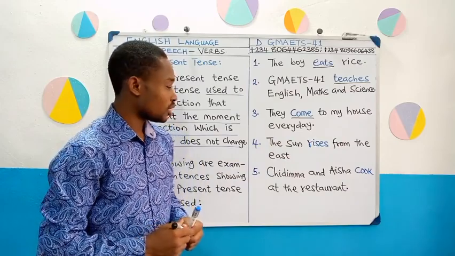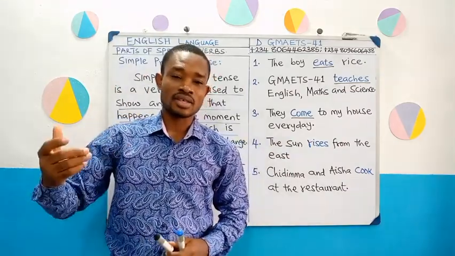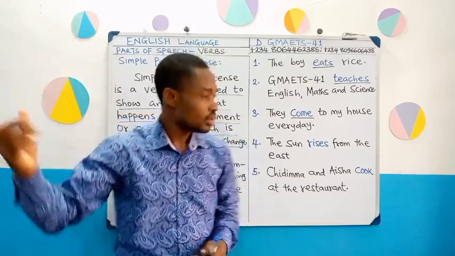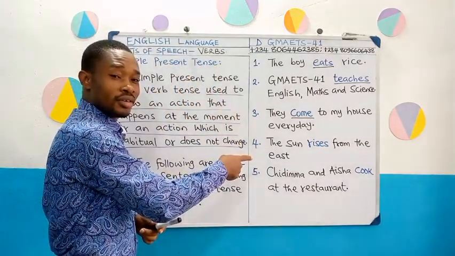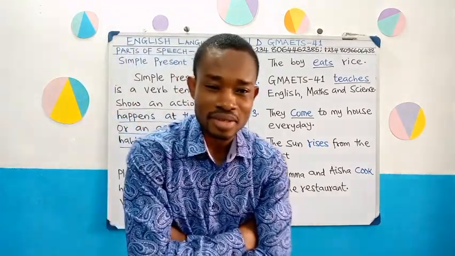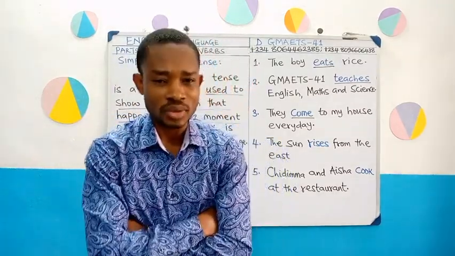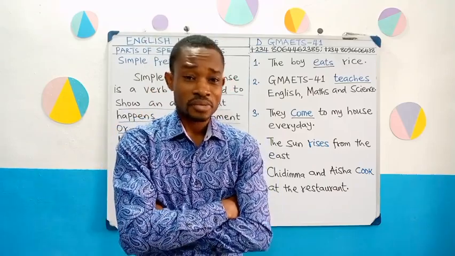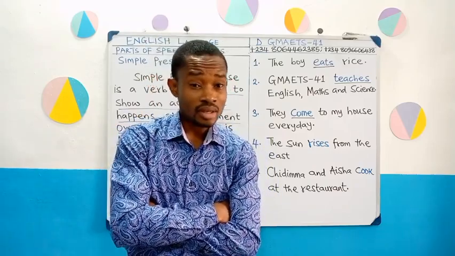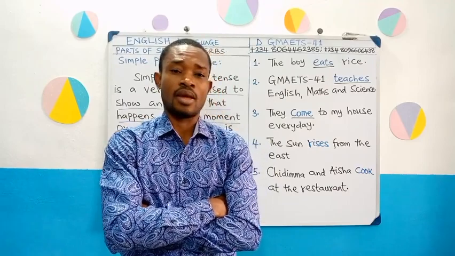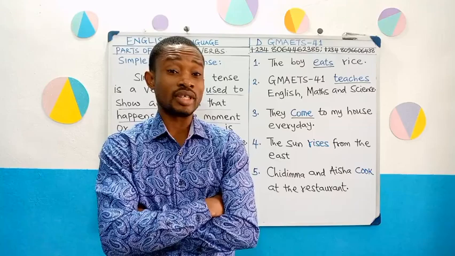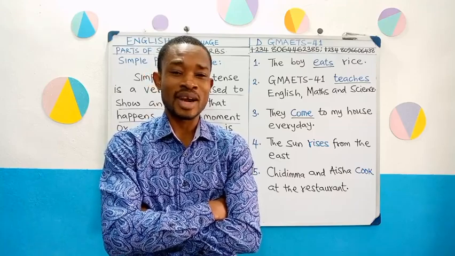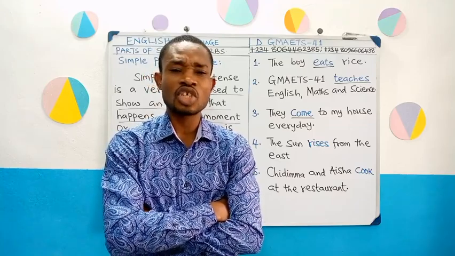Sentence number 4. The sun rises from the east. Do you know that scientists have shown that the sun rises from the east? Or maybe when you wake up in the morning, you can watch and see where the sun rises from. It doesn't change.